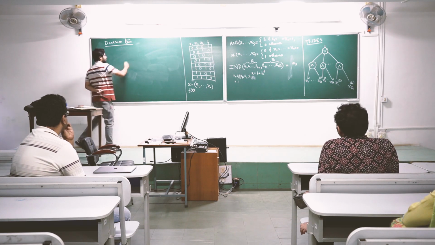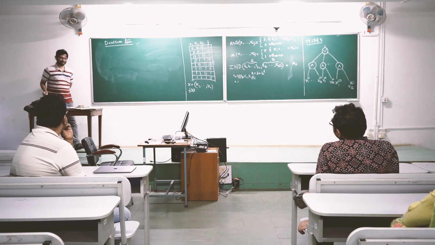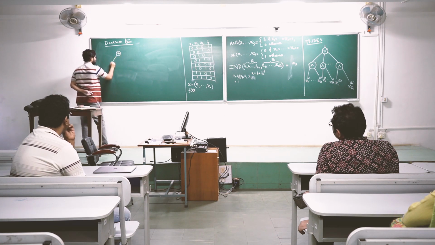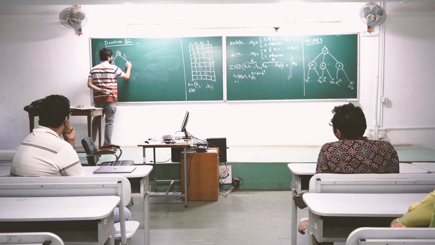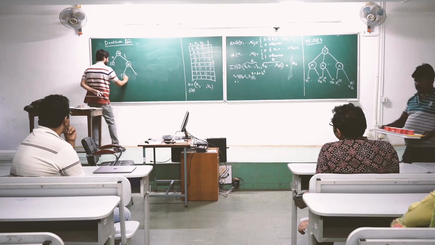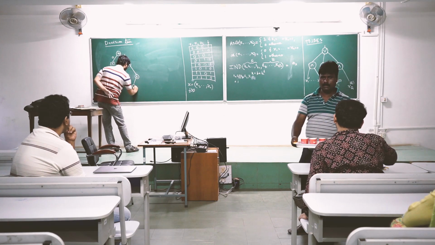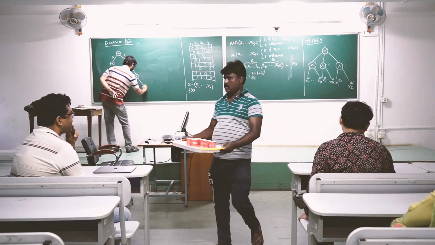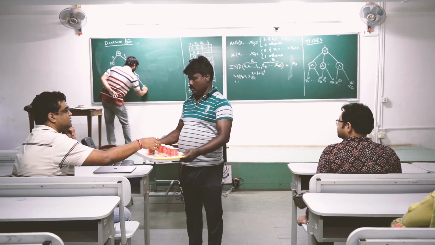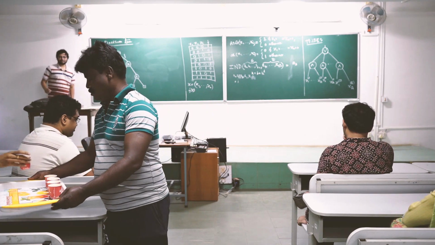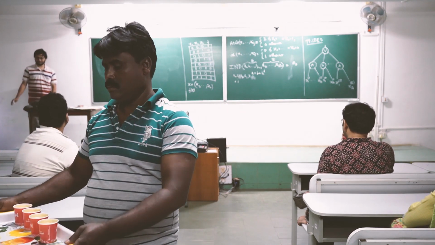Let me tell you what a decision tree is through an example. This is a decision tree that computes the AND function of 3 variables.